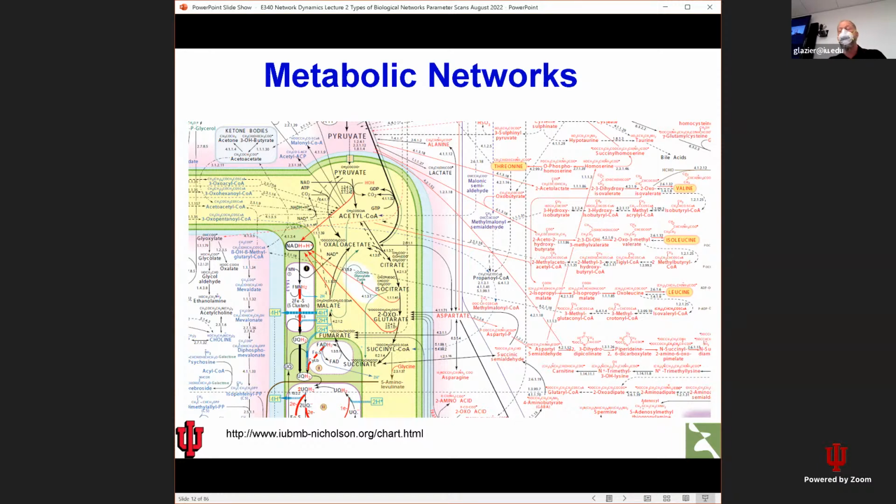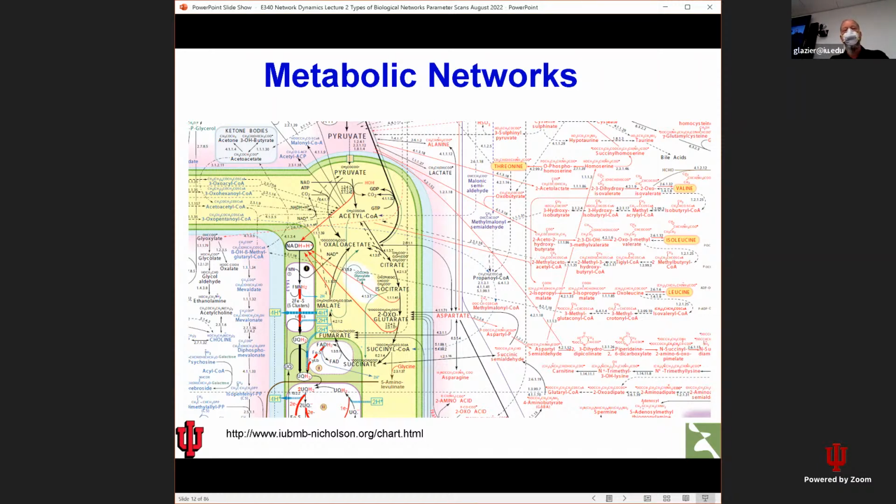Unlike a lot of gene regulatory networks and signaling networks, a lot of the rate constants and rate equations in these metabolic networks are known. They've been measured in enormous detail by people. One of those measurements could be years of work.